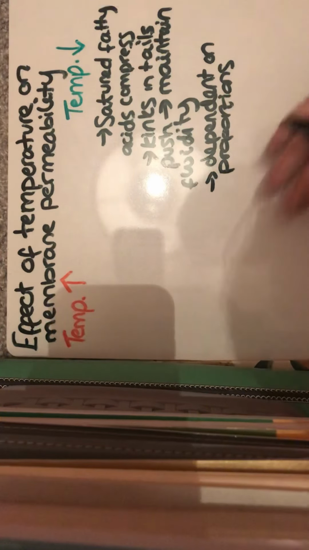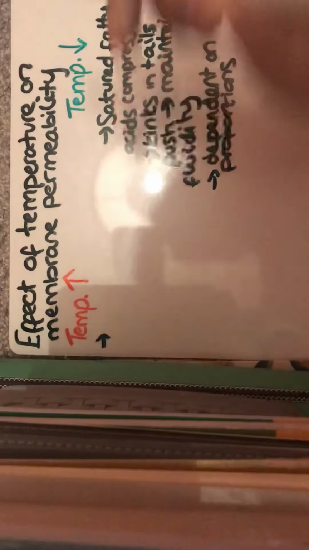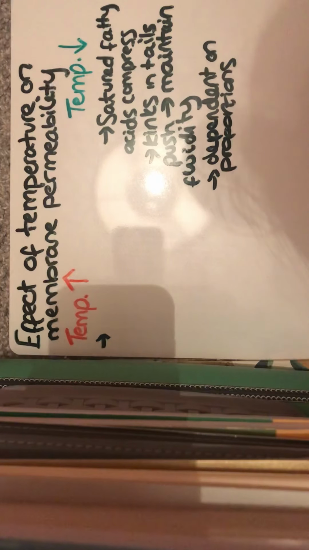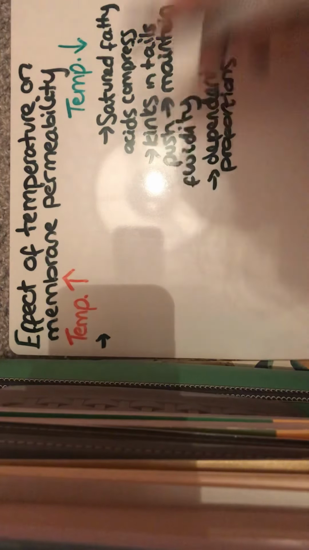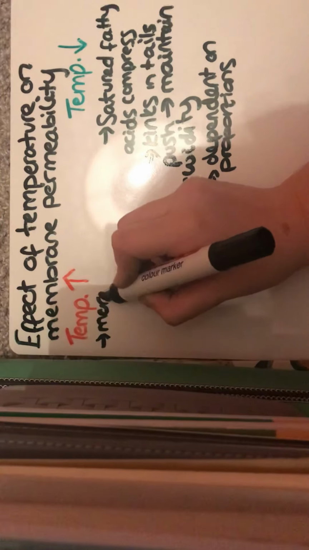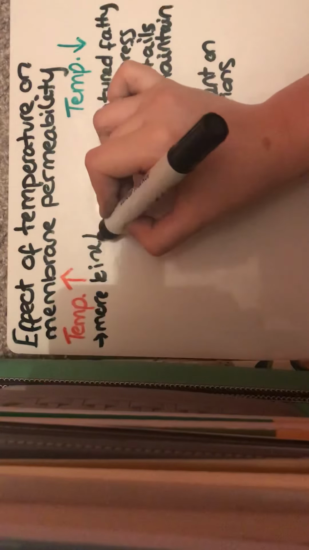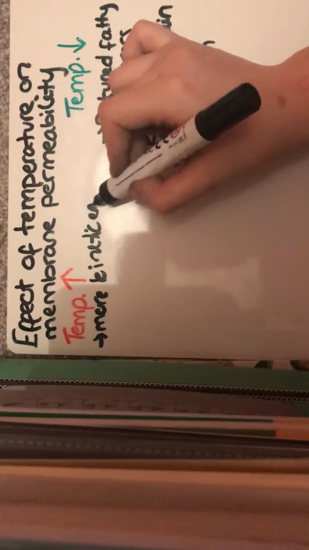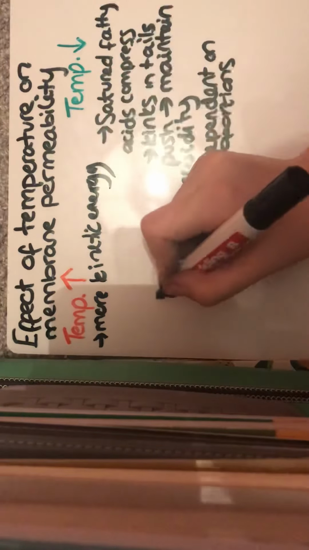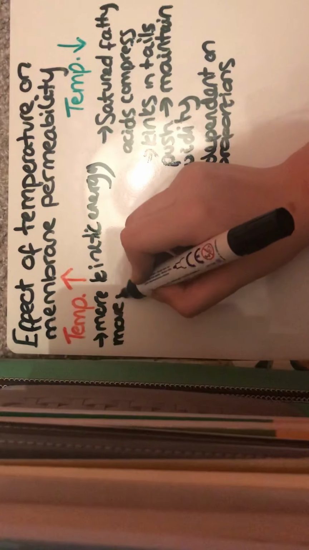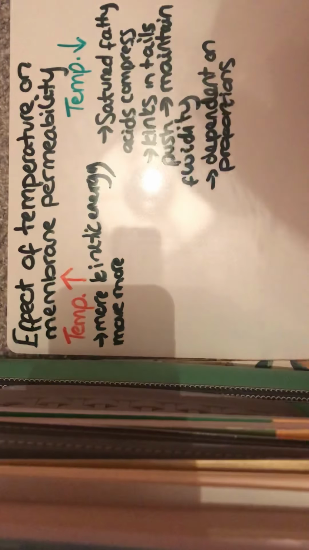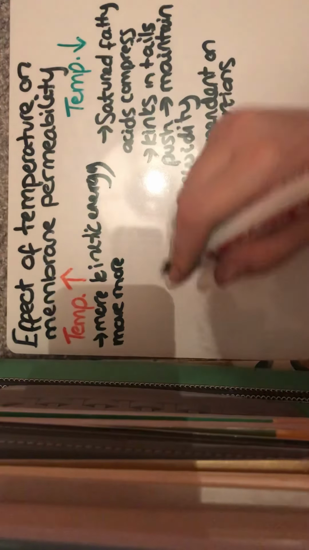If we're looking at temperature increase, then this is more straightforward. The phospholipids acquire more kinetic energy and they move around more. So they move more, and as they're moving more in a random way, they're increasing the membrane fluidity and the permeability increases.